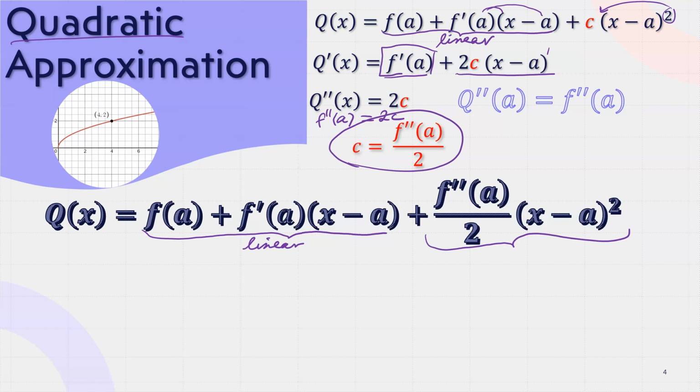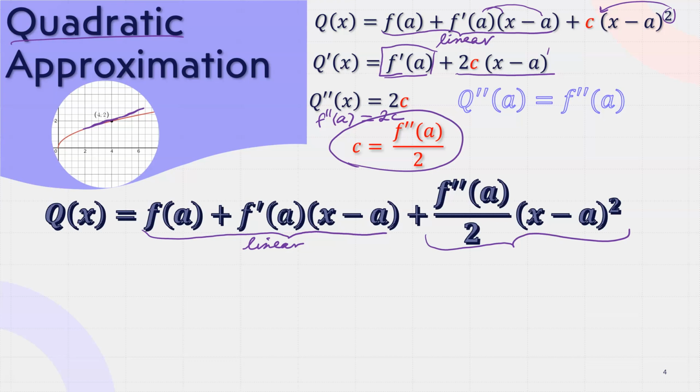Now, why do we want the quadratic approximation? Well, if that linear line wasn't a good enough approximation, we may want a quadratic. We may actually even want a polynomial of 4th degree, 5th degree.